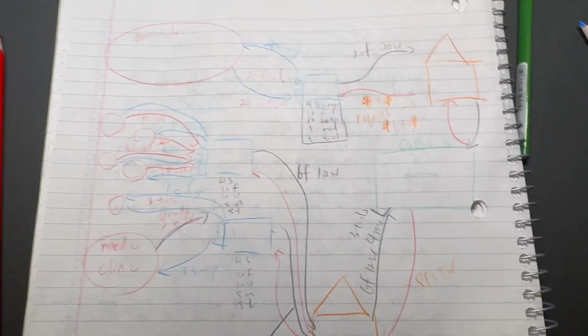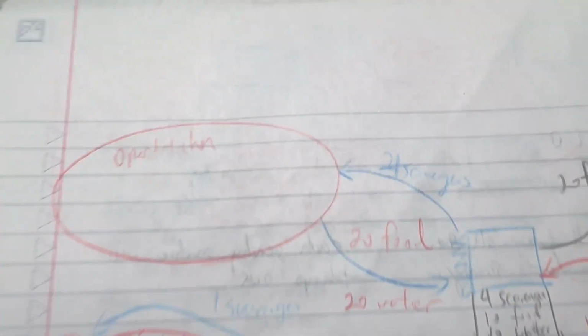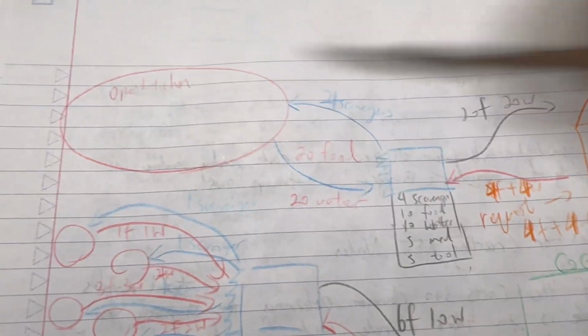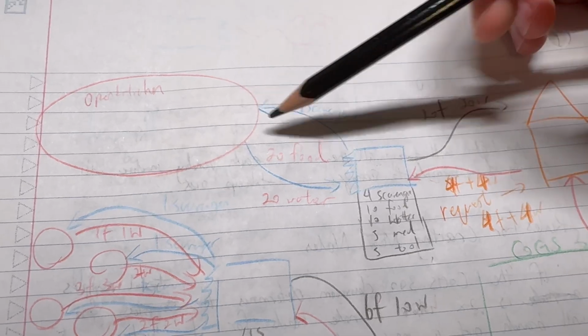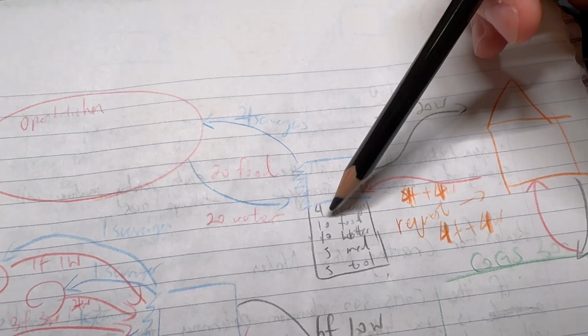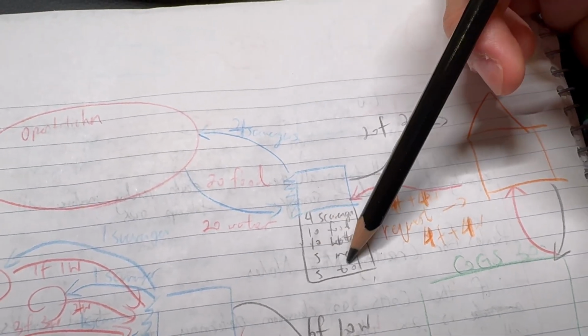Here is a detailed version of the propagation network here. So you can see, let's zoom in here first. This is the open kitchen source. So here, this barricade node is responsible for scavenging this source. So it has 4 scavengers initially, and 10 food, 10 water, 5 medical supplies, 5 tools.